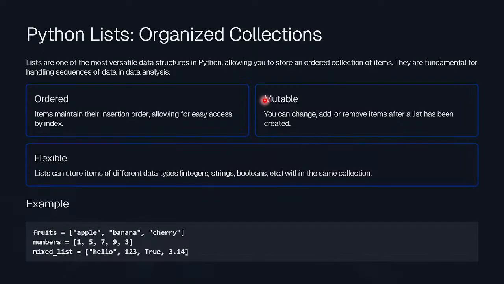Now, what is the difference between the two? Lists are mutable. It means that in a list we can change the items. So here, if I don't want apple now, I want watermelon, I can change it. I can add something or remove something or change anything in lists.